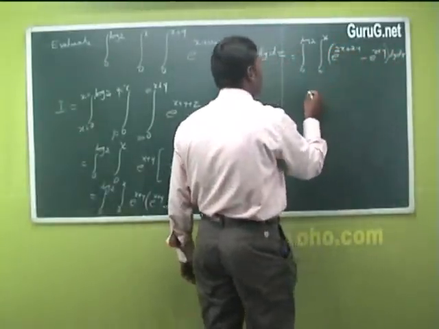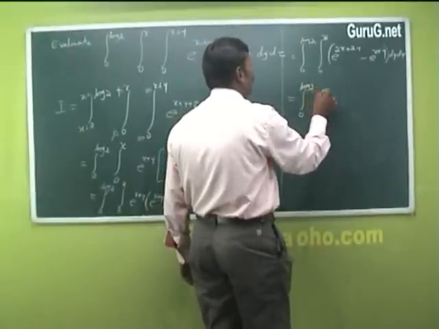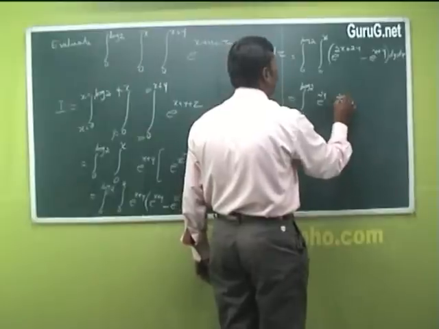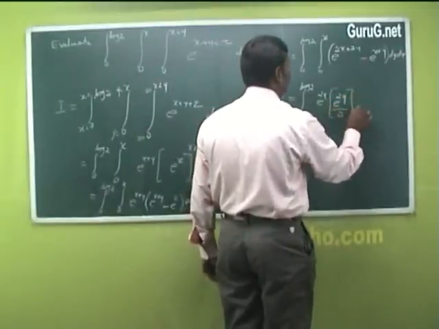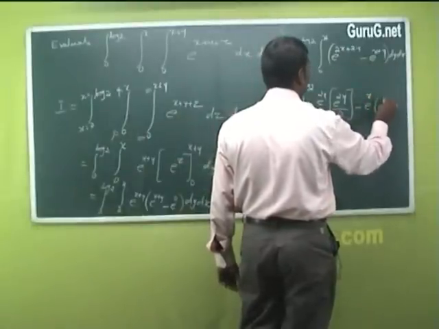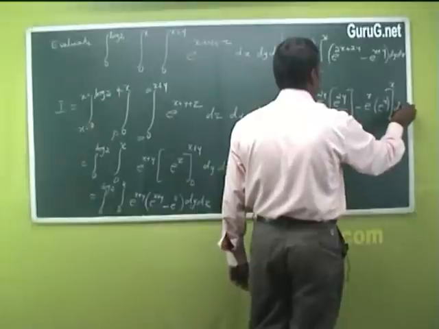Now integrate with respect to y, keeping x as constant, 0 to log 2. e power 2x is constant. So integration of e power 2y is e power 2y by 2, minus e power x into integration of e power y, which is e power y, right? So 0 to x, into dx.